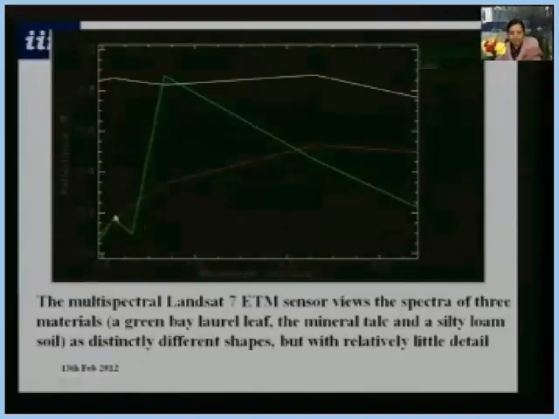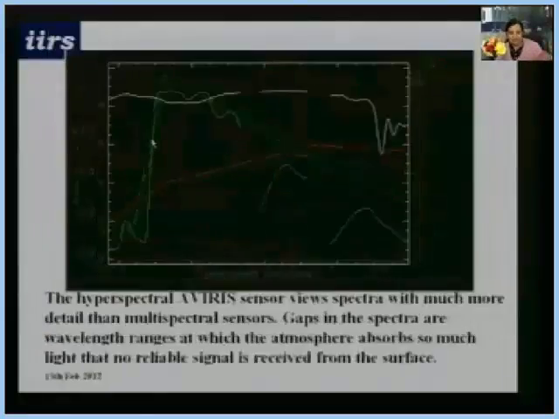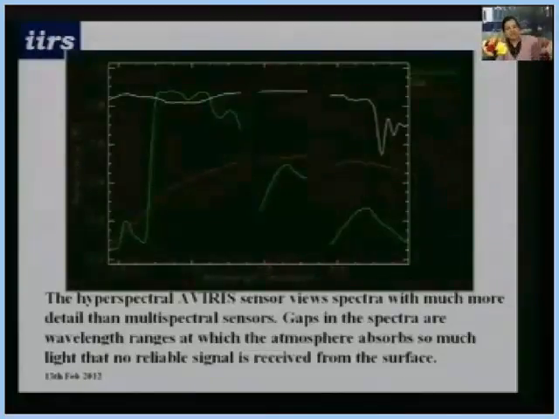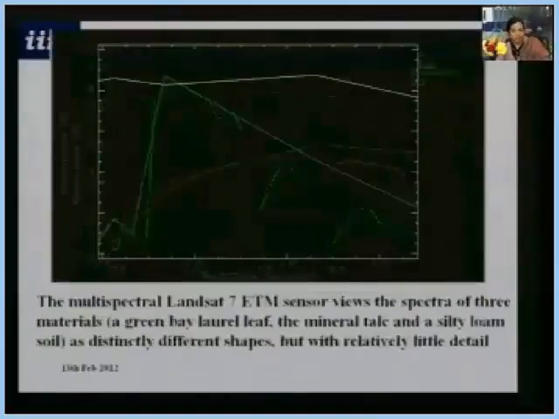If you look, the profiles with multispectral are more or less straight lines, but with hyperspectral data, this is an example from the Airborne Visible Infrared Imaging Spectrometer, which views the same regions with much more detailed information than a multispectral remote sensor.